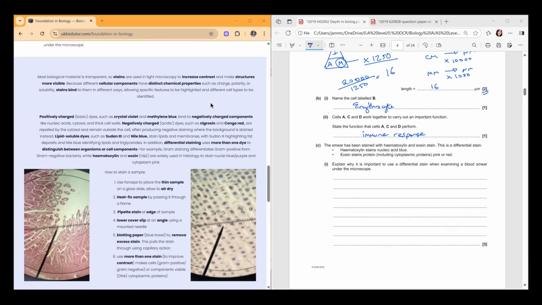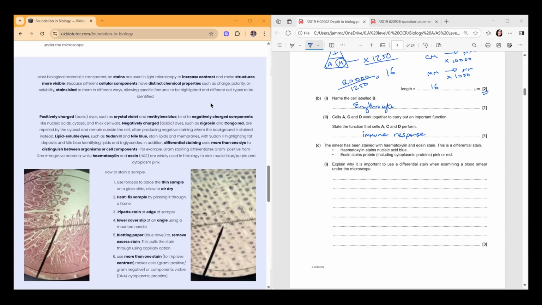So as it says here, different cellular components have distinct chemical properties, the charges of them, the polarity of them, the solubility of them, and therefore different stains will be able to move. And if they can bind to whatever that structure is, they will bind to it and therefore make it visible.